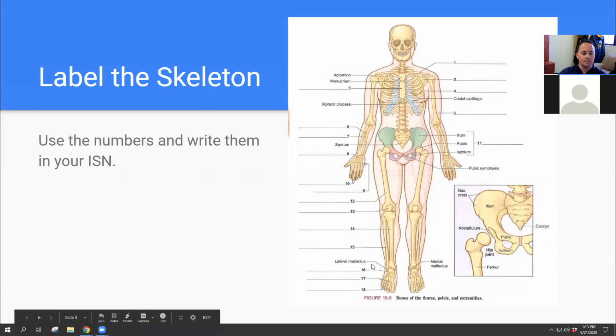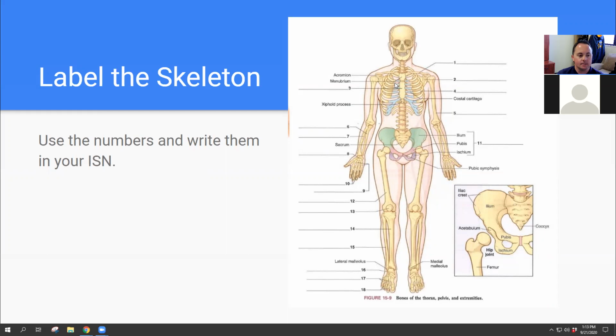Number 16 here, the tarsals are your ankle, okay? So the only other one that really has a very common name would be number 3. The sternum is also your breastplate, okay? So those are the common terms, okay?